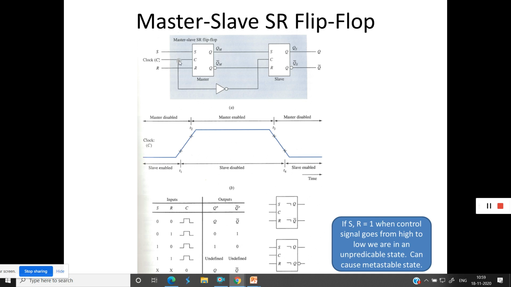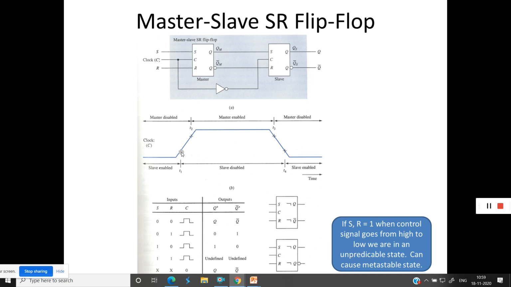When the clock is 0, the master is disabled. So it is written here: clock is 0, master is disabled. Because of the presence of this inverter, when the clock is 0, a 1 is applied to the slave's clock, so the slave is enabled. Slave is enabled when the clock is 0.